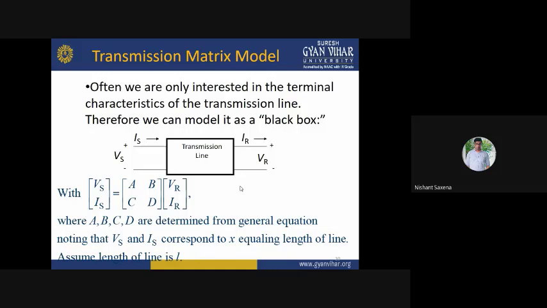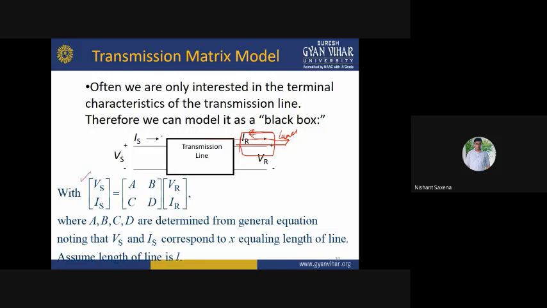It closely resembles a two-port network, except that in two-port networks the current direction is into the black box. But in transmission lines the current cannot be in this direction. The load is connected at the receiving end, so the current direction is always considered towards the receiving end.